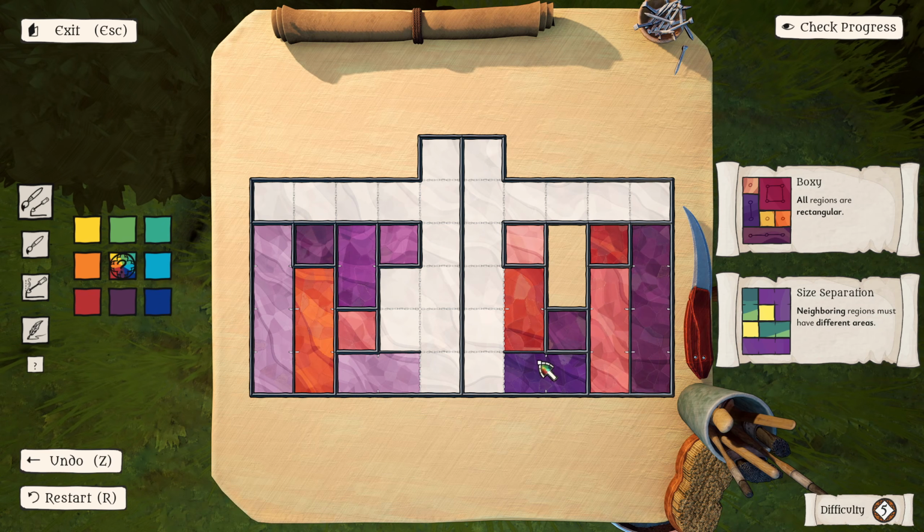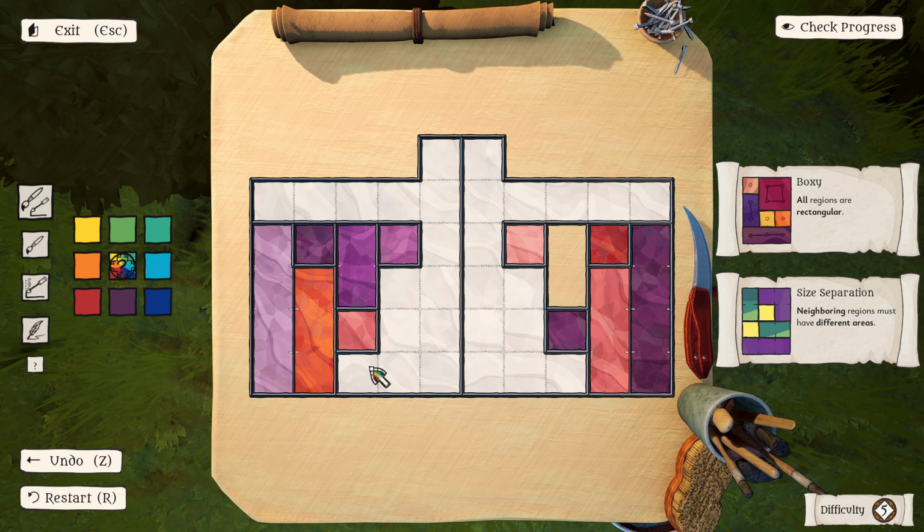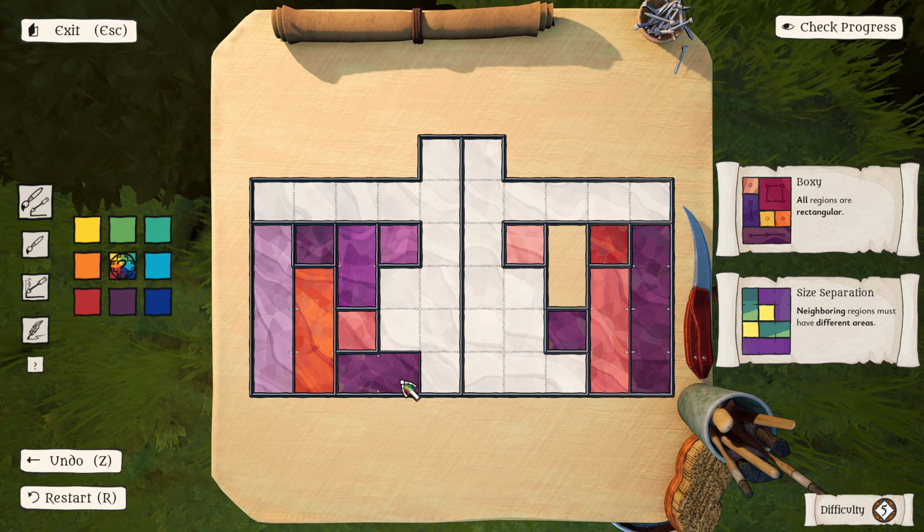We can't have 3, 3, 2. What am I missing? This can't be a 1. It can be a 2. It can't be a 3. Therefore, it must be a 2. Right?